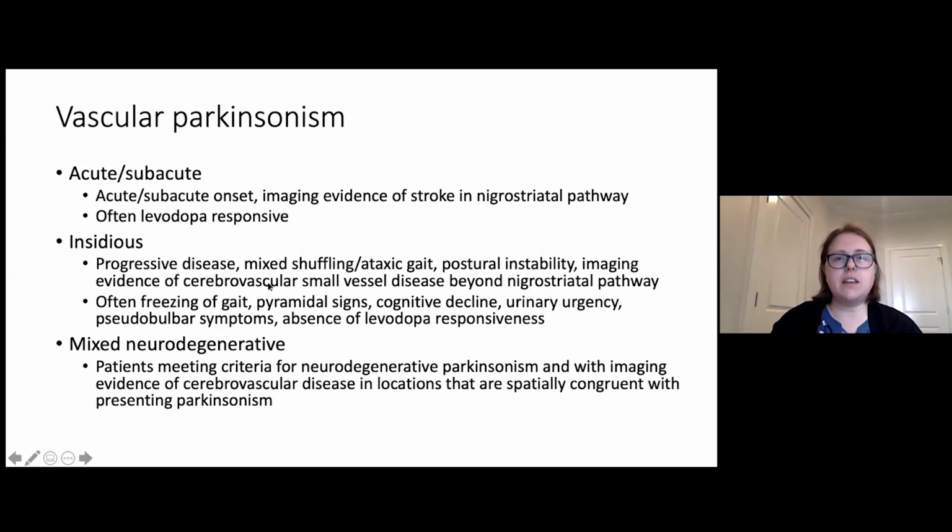So you'll see gait freezing, legs worse than arms, early falls. These can all be clues to the fact that you have a vascular Parkinsonism picture rather than idiopathic Parkinson's disease. There can also be an absence of levodopa responsiveness, whereas in the more acute vascular Parkinsonism, like the patient I showed you, they often are levodopa responsive.